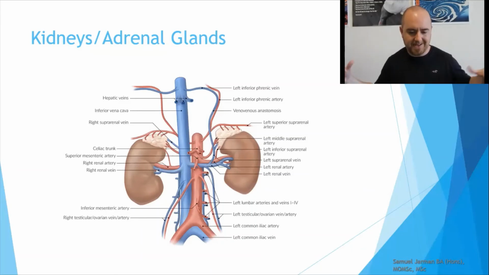So there are filtration steps with systemic circulation that are going to occur in both, and then generate the movement back towards the heart through the venous system. However, the distinction here is that the adrenal glands and the kidneys empty directly into the inferior vena cava, where the gut empties into the liver for further filtration or further functionality related to the liver before going into the inferior vena cava.